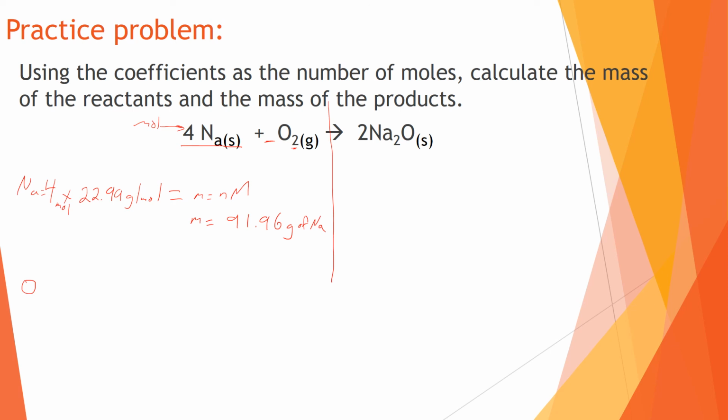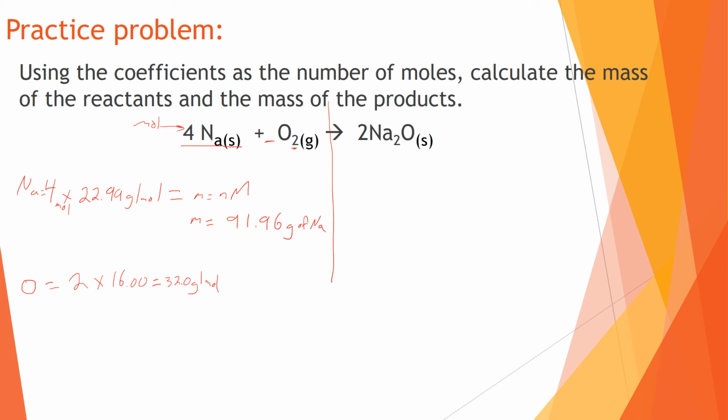Now of oxygen, I have 1 mole of oxygen, but I have 2 oxygen atoms. So this would be 2 times 16.00, which gives us a molar mass of 32.0 grams per mole.